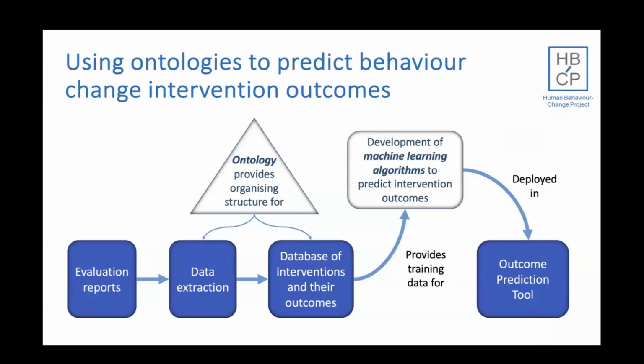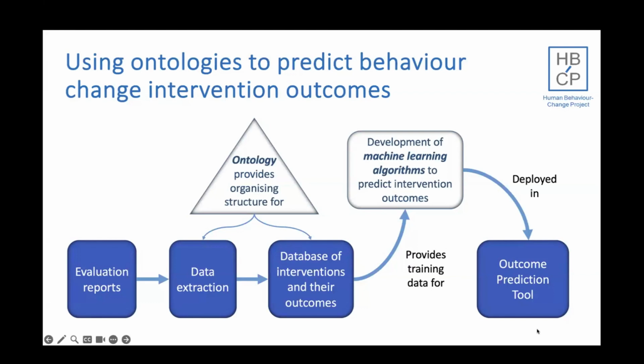And just finally, before I hand over to Jana, this is really summarizing what I've said, how we can use ontologies to predict behavior change intervention outcomes, which is what we want to do, whether it's policymakers or planners or service managers or researchers. We want to be able to predict for a particular scenario what is the likely outcome.